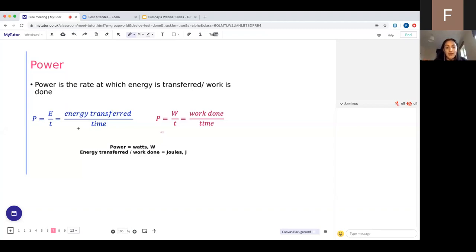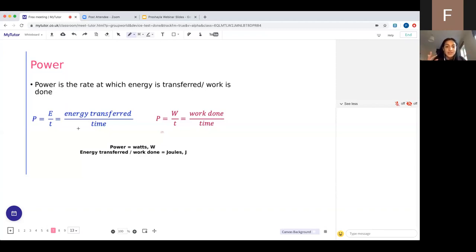Power is the rate at which energy is transferred or work is done. So energy transferred, well, we know what energy transferred is. That's just the energy being transferred from one store to another. Now, the rate at which something is done is that something over time. Okay, that's what rate means.